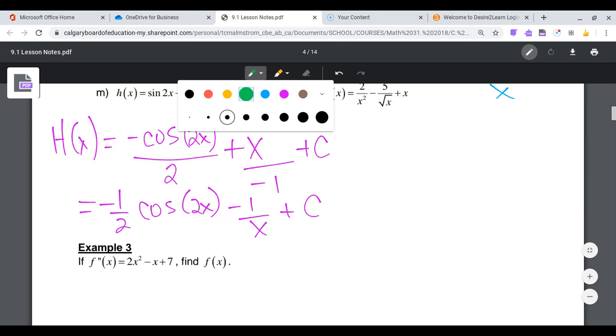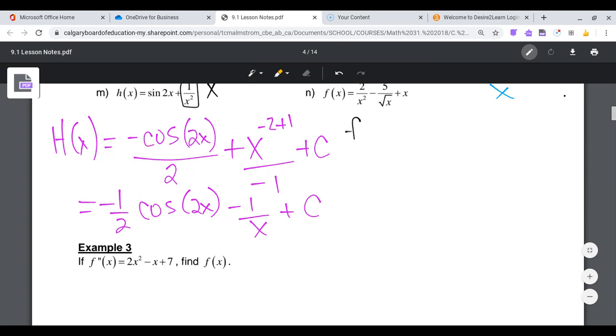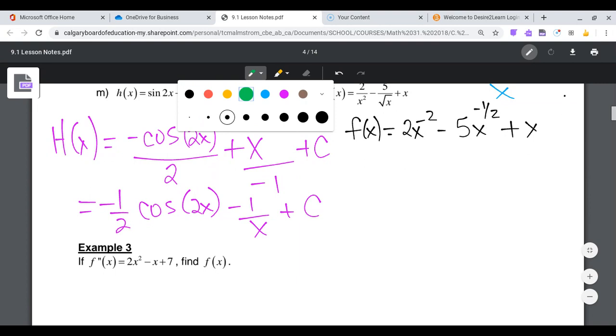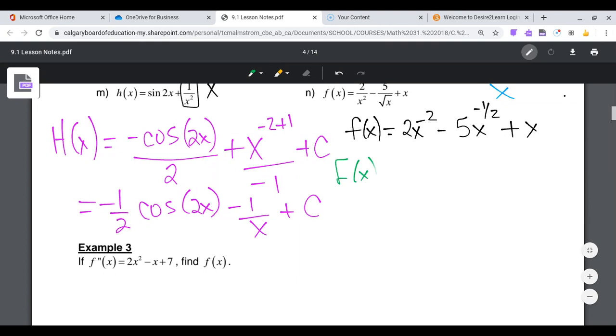And lastly, we have, maybe I'm going to rewrite this one out first. So let's see, little f of x, because I'm rewriting it, 2x to the negative 2 minus 5x to the negative 1/2 plus x, just so it's easier to do my process. All right, so now big F of x, the antiderivative is 2x to the negative 2 plus 1, which is negative 1.